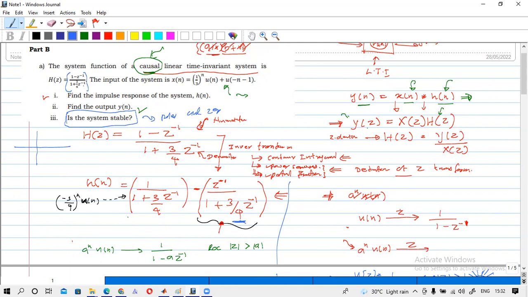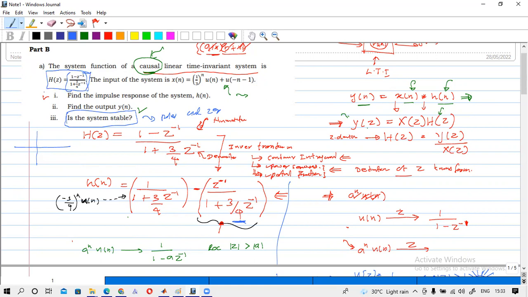So what you have to do, I think we can do this one. They are asking whether the system is stable or not. The system characteristic depends on its transfer function, or impulse function, Hz.